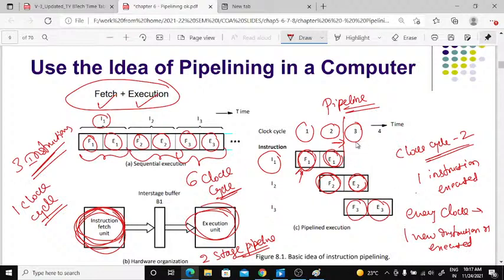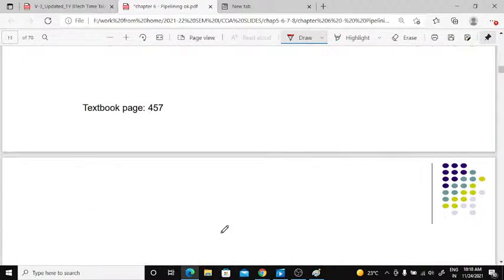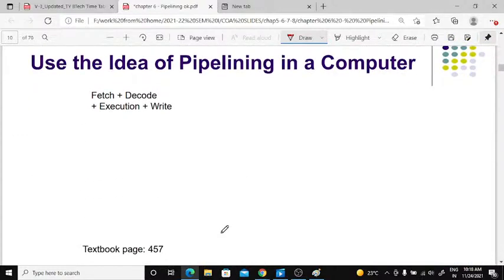Like in the third clock cycle the second instruction is executed, in the fourth clock cycle the third instruction is executed. So likewise in the fifth clock cycle one more instruction is executed. Here it is taking 4 clock cycles for 3 instructions. In the sequential process it was 6 clock cycles. Okay. So these are all concepts we discussed yesterday.